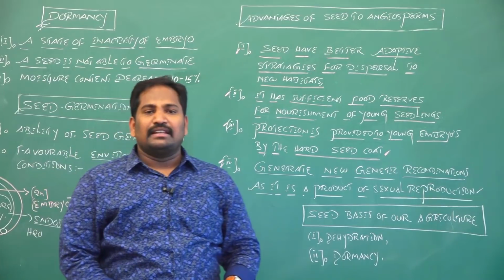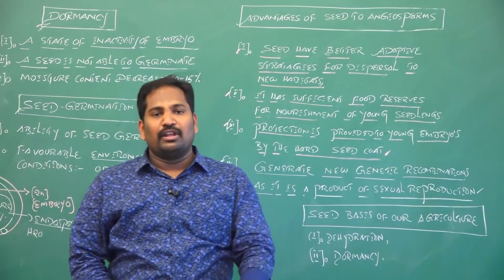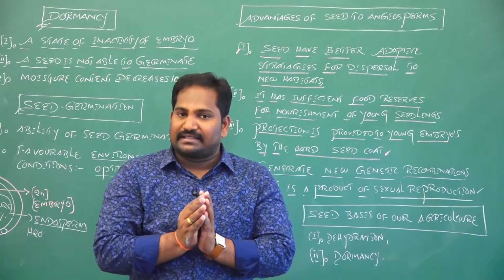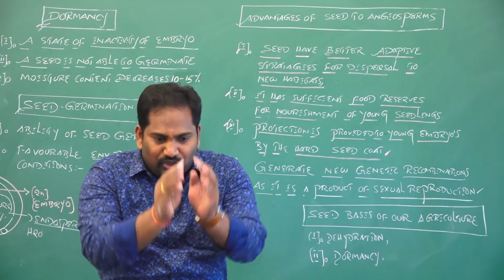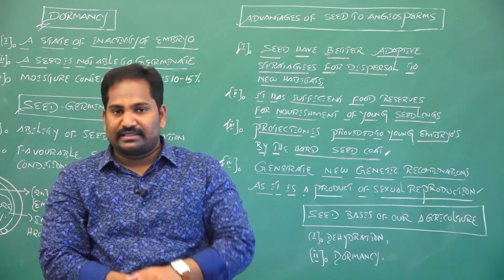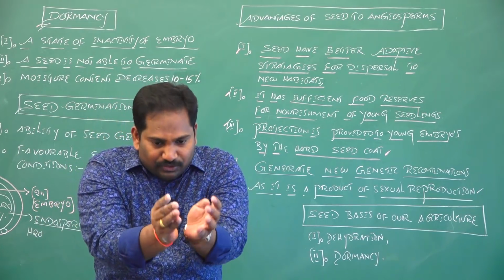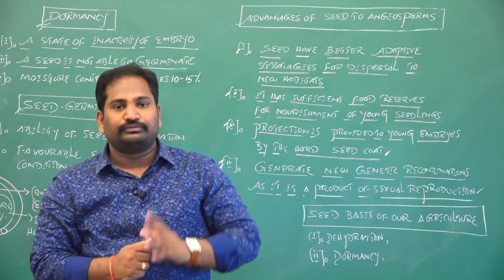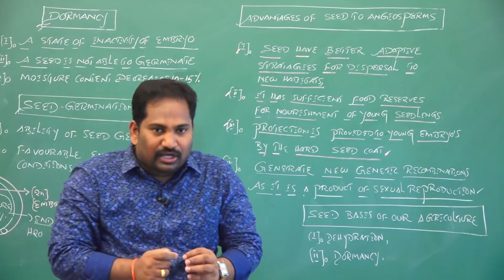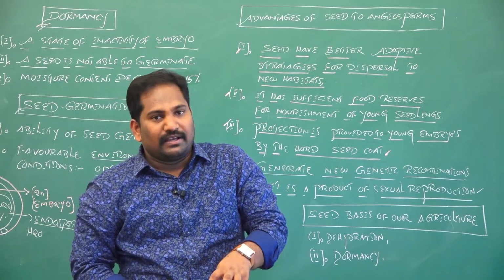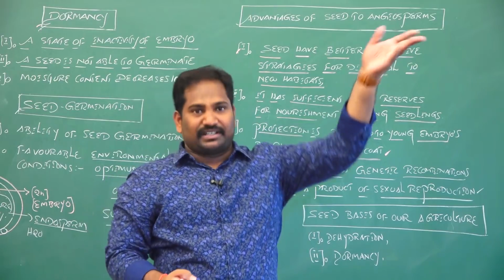Once again, a brief recall: four advantages of seeds to angiosperms. The first advantage is that the young embryo is protected by a hard seed coat. Seeds can reserve food material for growing young seedlings like plumule and radicle. Seeds have better adaptive strategies for dispersal to new habitats and other areas.